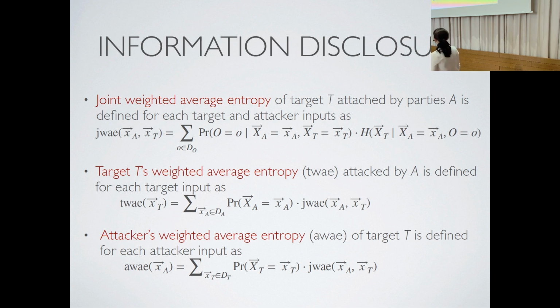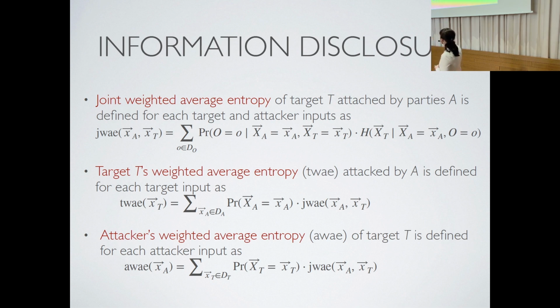Then we take this joint weighted average entropy for the target's view. The target enters certain input, and we additionally compute the weighted average entropy based on the probability of each attacker's input happening.